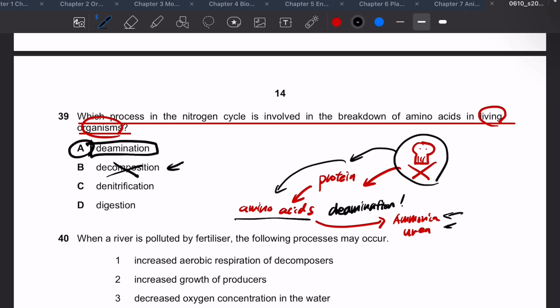C is not the right answer because denitrification is converting the nitrates into nitrogen gas. That's called denitrification. And digestion is not involved in the nitrogen cycle, so obviously it's not the answer. Okay, and this question's answer is therefore A.